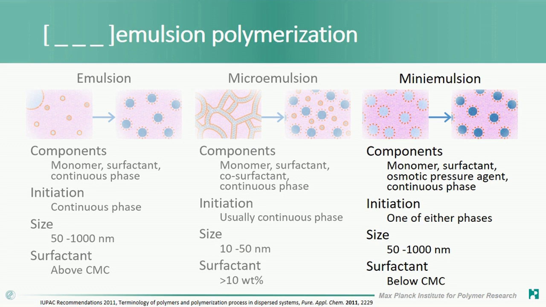And although it's sometimes up for debate whether every reservoir that we form with the droplets of monomer is exactly transferred into one particle, it's usually understood that we will end up with as many nanoparticles as we have nanodroplets.